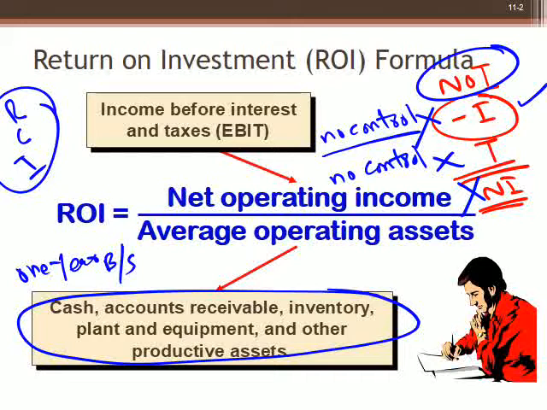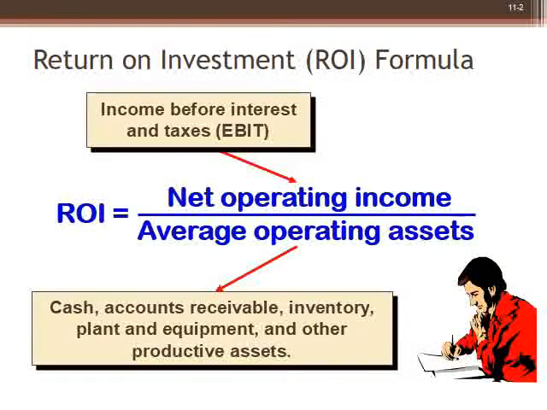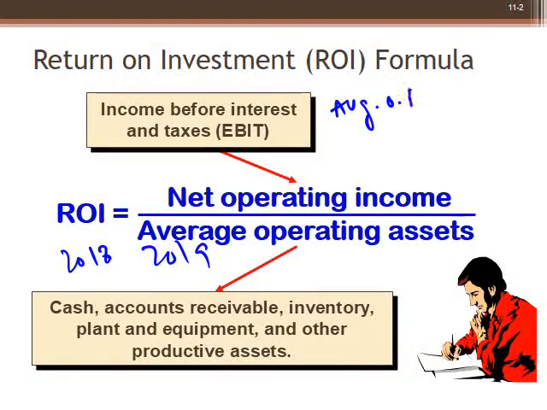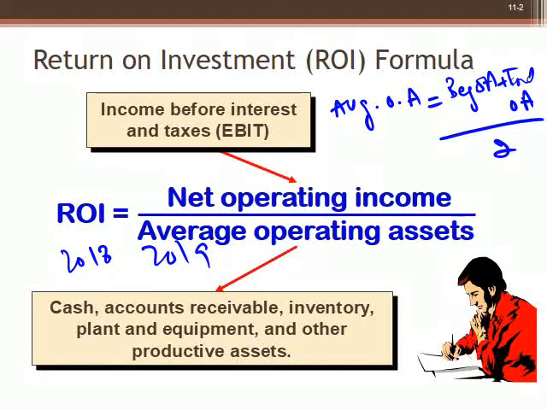But if we are given two years of data, like 2018 and 2019, then we find the average operating assets as beginning operating assets plus ending operating assets divided by 2.